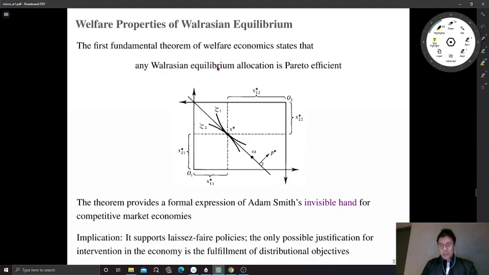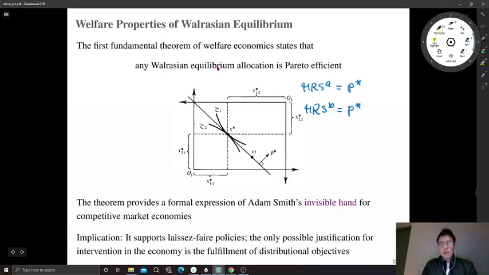As a consequence, a necessary condition for utility maximization for consumer A is that MRS A equals P star, the tangency condition. And for utility maximization for consumer B, we need MRS B equal to P star.